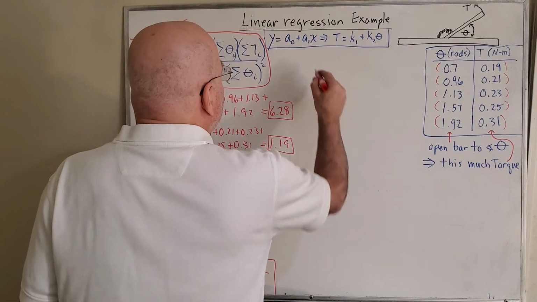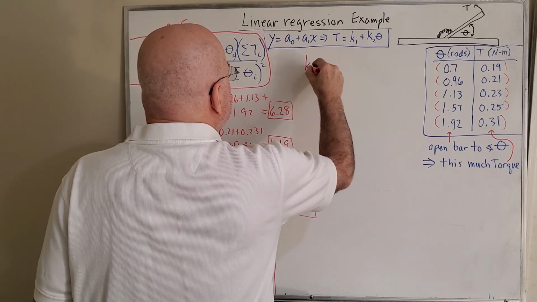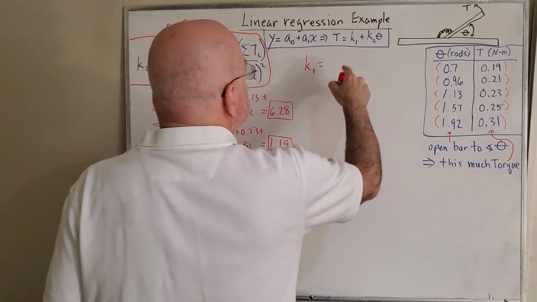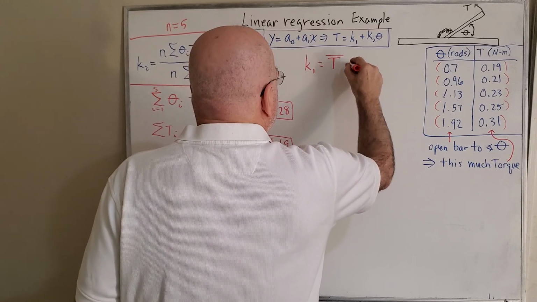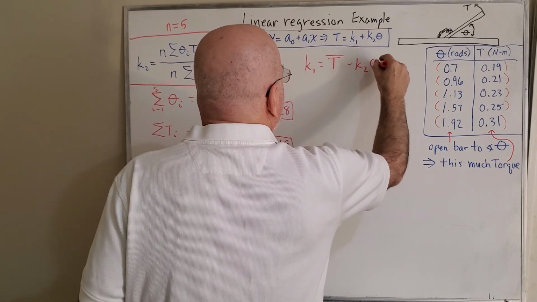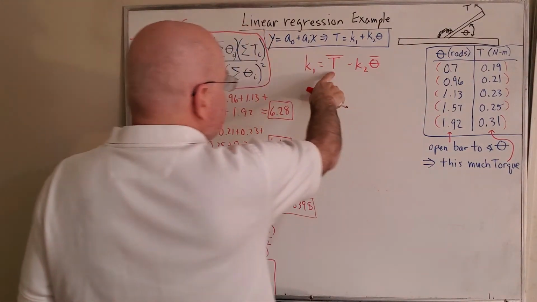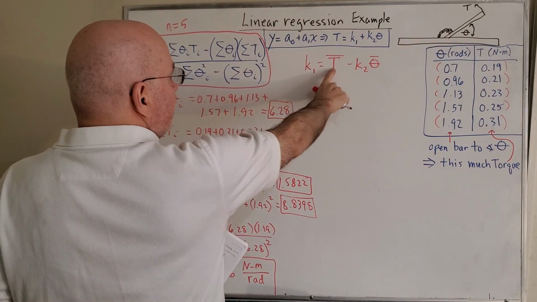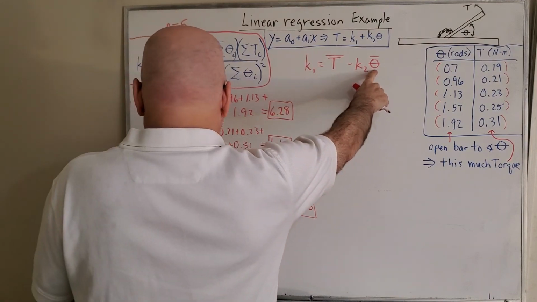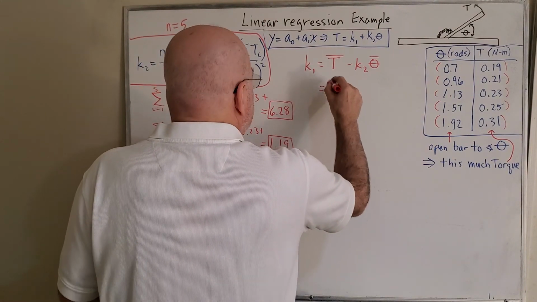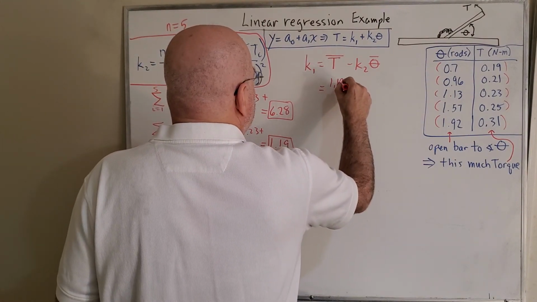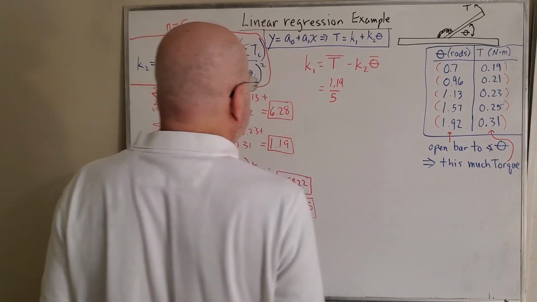Okay, so K1, as we remember from before, is T bar minus K2 theta bar. That's the average of the T's, and that's the average of the thetas. And this is equal to, well, the sum was 1.19, so we have to divide that by 5.